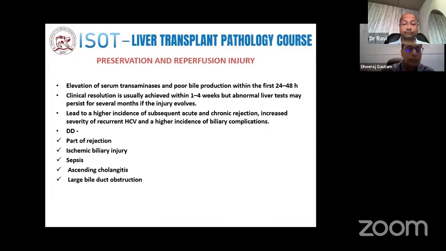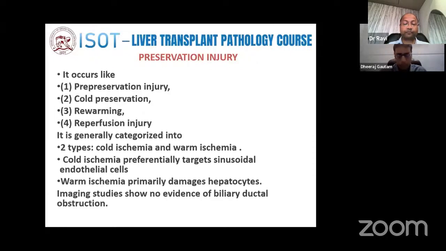The differential diagnoses can be part of rejection, then ischemic biliary injury, sepsis, ascending cholangitis, which usually follows the preservation reperfusion injury, and large bile duct obstruction. So, preservation injury occurs like pre-preservation injury, then cold preservation injury, then rewarming injury, and then reperfusion injury.